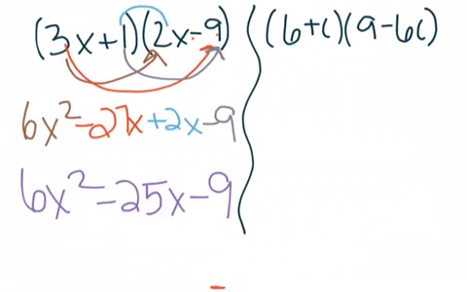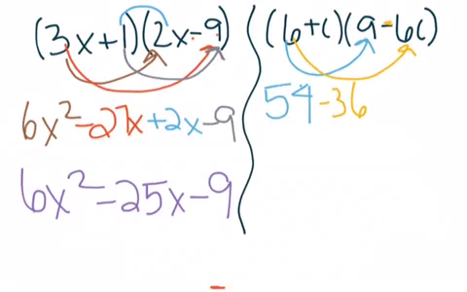So we have FOIL, so first, 6 times 9, it's going to give us 54. Okay, outside terms, we're going to do 6 times negative 6c. Remember that this sign belongs to the 6. It's going to give us negative 36c. Inside terms, it'll be c times 9, which will be a positive 9c.